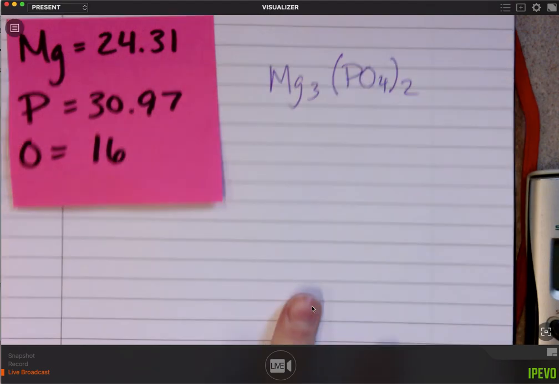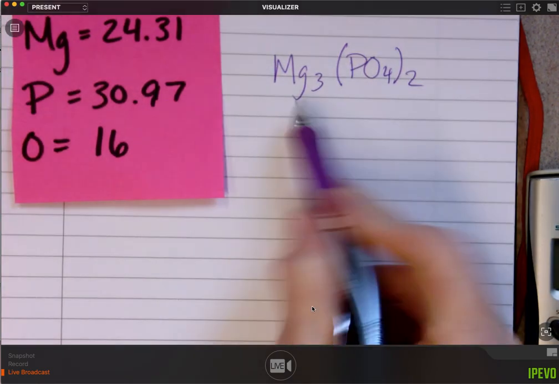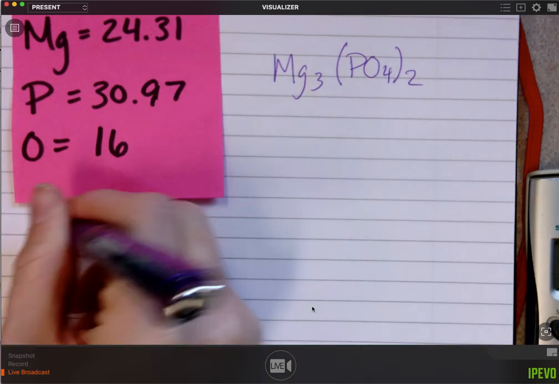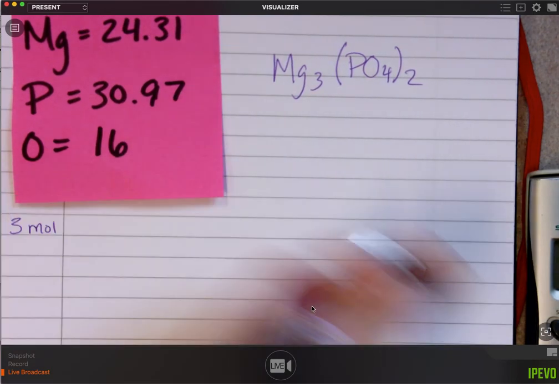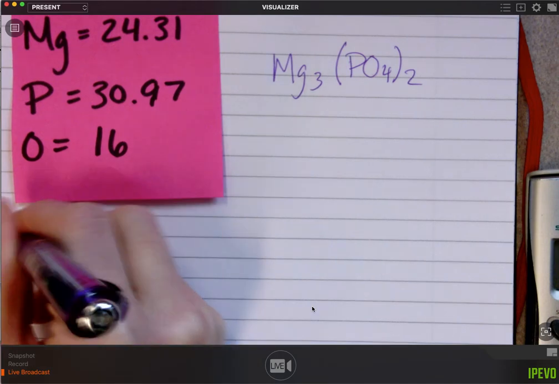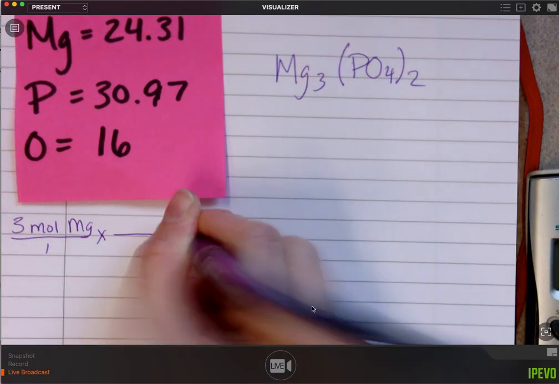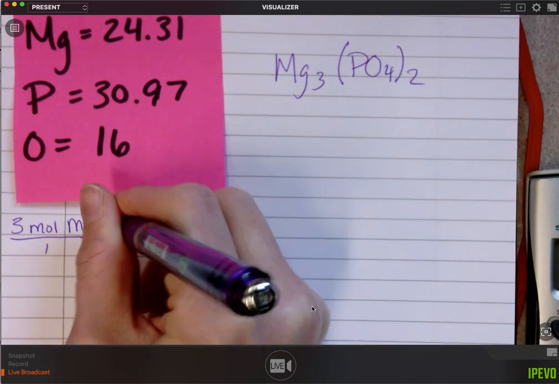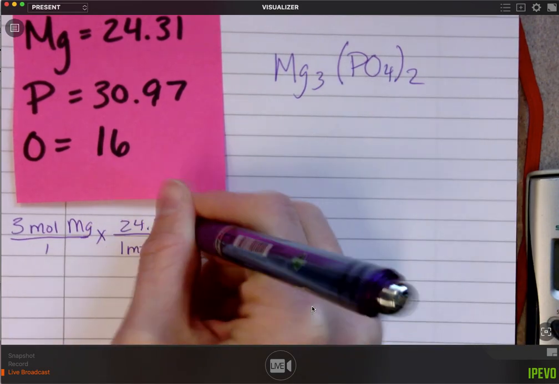Let's count this out. Within 1 mole of magnesium phosphate, I have 3 moles of magnesium. 1 mole of magnesium weighs 24.31 grams.